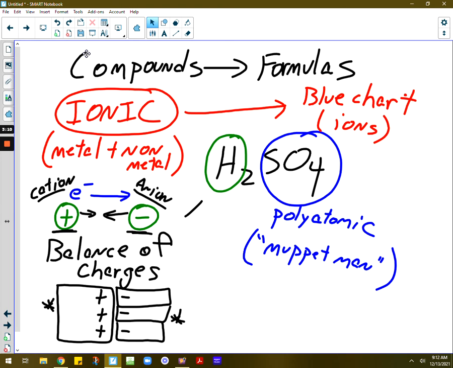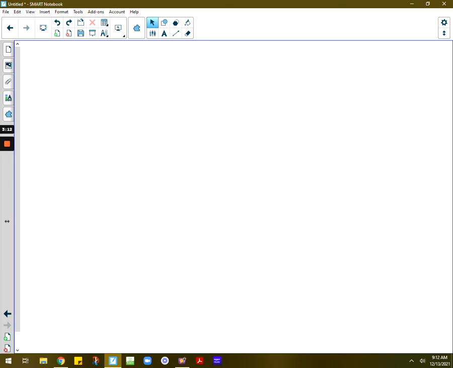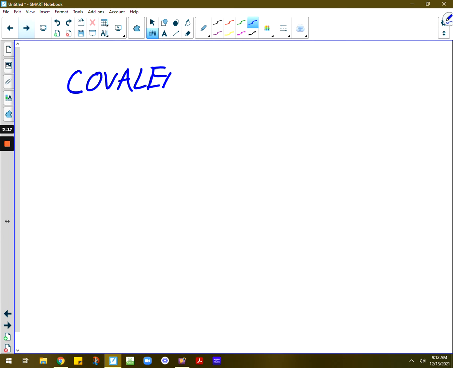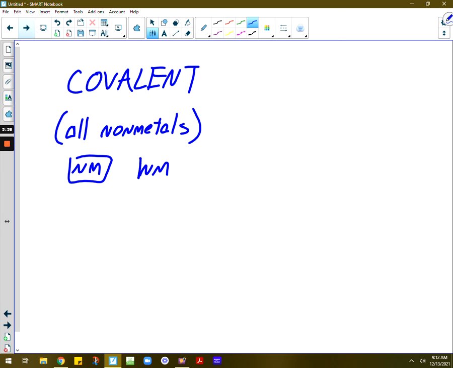On the other hand, the other kind of compounds are your covalent compounds. Covalent compounds are going to be between nonmetals. And in a covalent compound, you don't have a positive piece or a negative piece. You just have nonmetals that are sharing electrons in between.